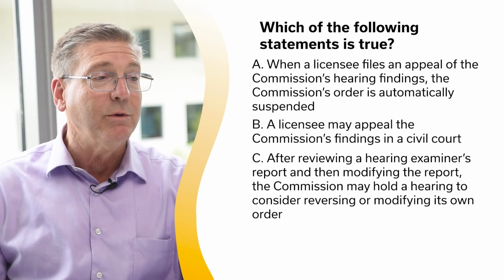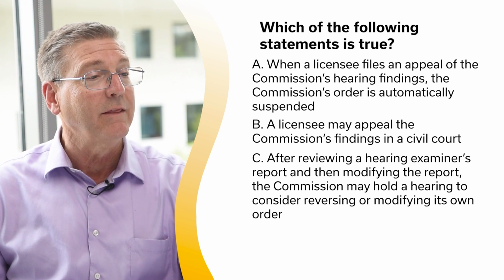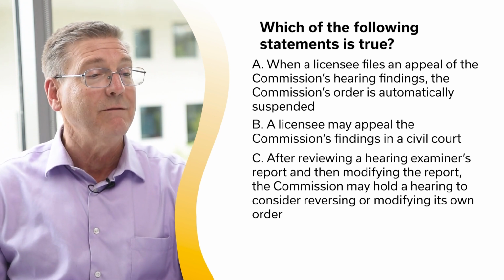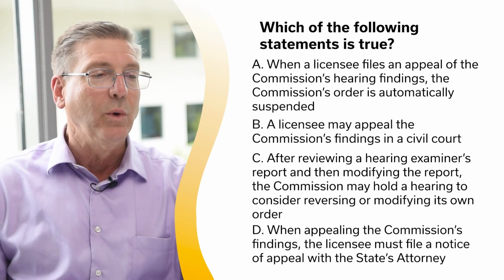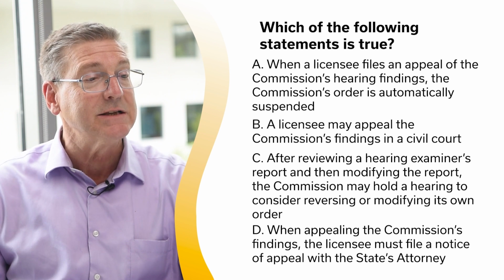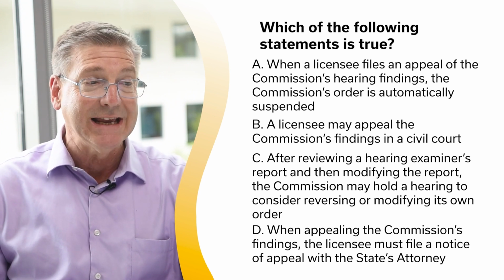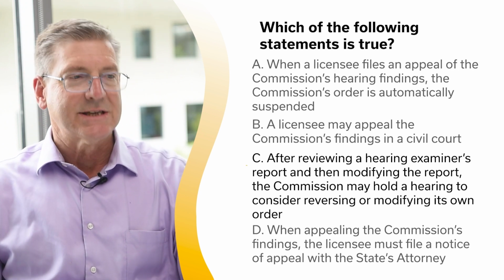C, after reviewing a hearing examiner's report and then modifying the report, the Commission may hold a hearing to consider revising or modifying its own order. Or D, when appealing the Commission's findings, the licensee must file a notice of appeal with the state's attorney. The correct answer is C.